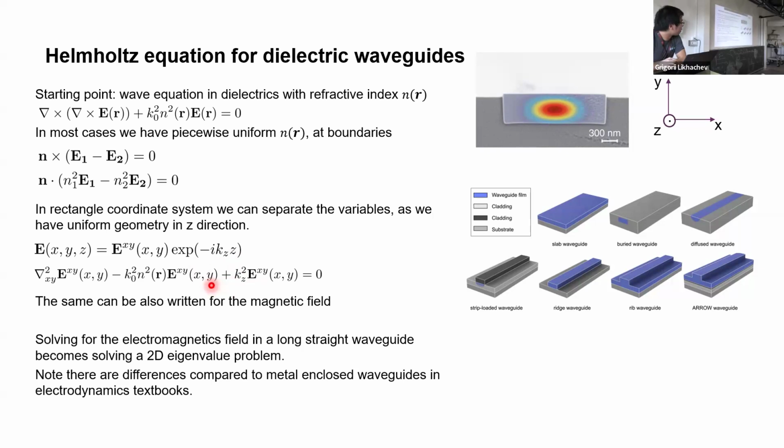It is the Helmholtz equation, and if you are less familiar, you can refer to mathematical physics textbooks, and also Wikipedia. You can also do the same for the magnetic field, with a very similar formula.